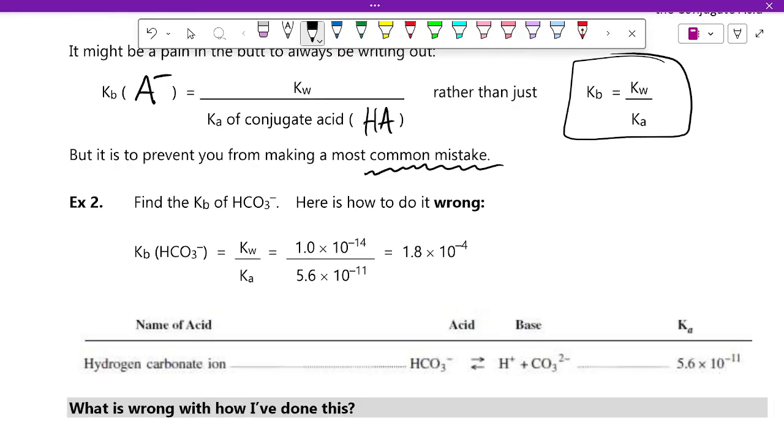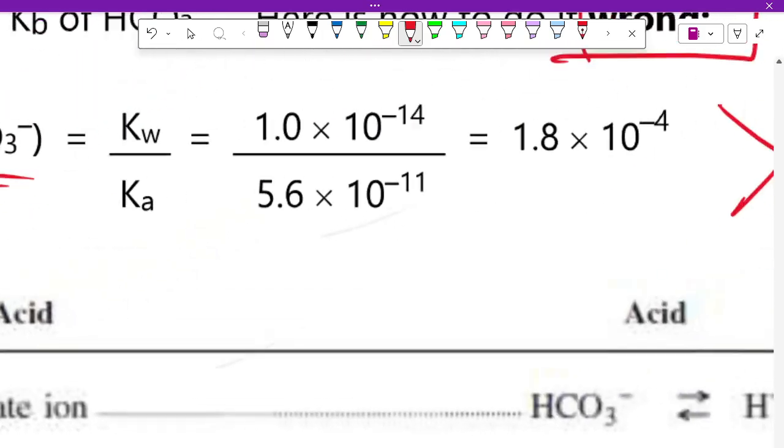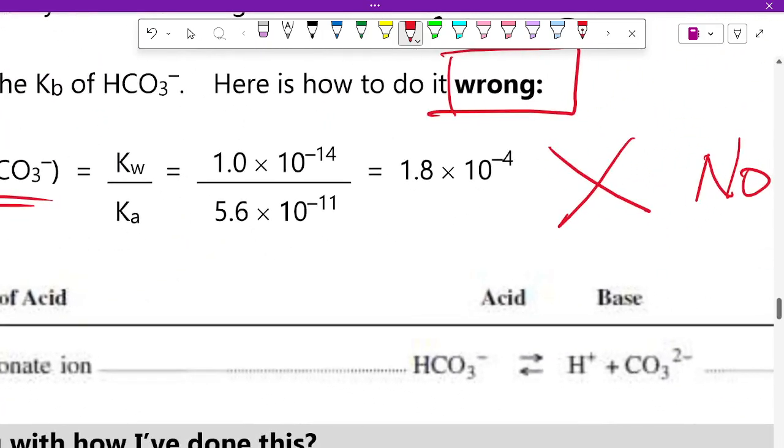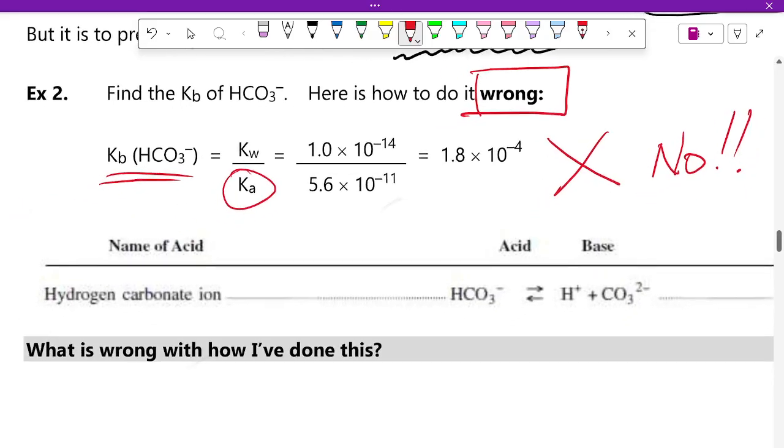Here is how to do it wrong. Kb equals Kw over Ka. That looks good so far, yes? That Ka value, though, is the Ka for HCO3 minus.